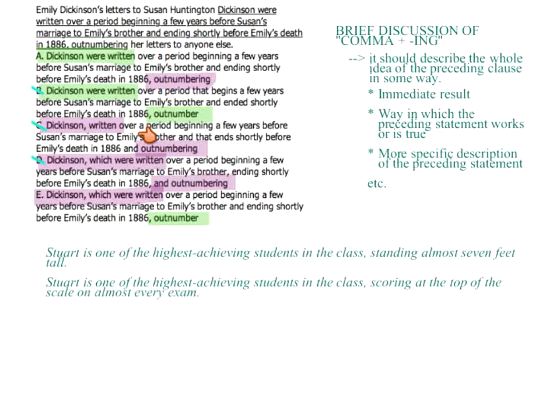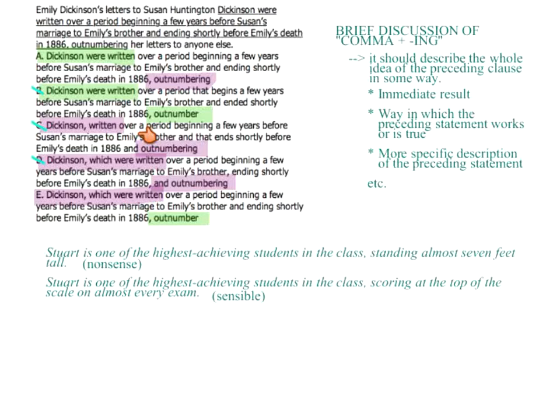These are both grammatically fine sentences, but the first one is total nonsense, and the second one is sensible. Stuart may be almost 7 feet tall, good for him, good luck finding clothes that fit, but that has nothing to do with his being a high-achieving student. On the other hand, scoring at the top of the scale on almost every exam gives a description of how Stuart is high achieving, so that makes sense.